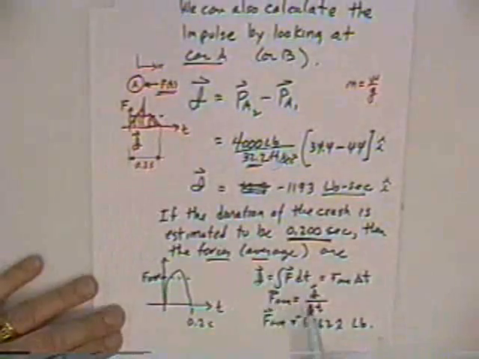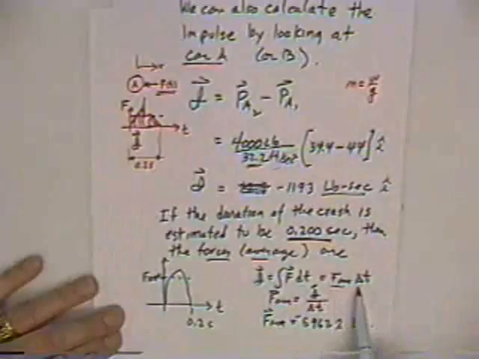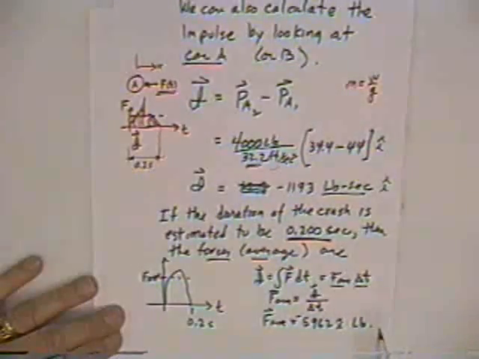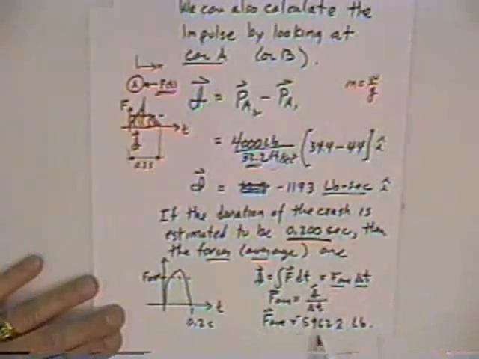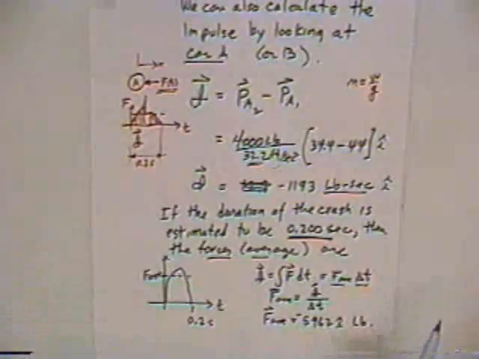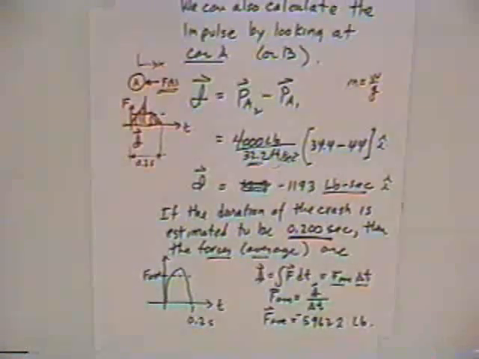The average value is average force times the time we're averaging over, the time of collision, or 0.2 of a second. Or F average is I, the impulse, over delta t. So the average value of the force is about 5,962 pounds in the i direction. Negative, because it's to the left.